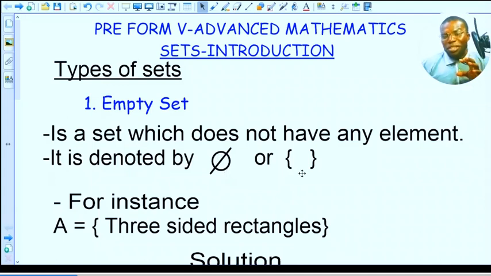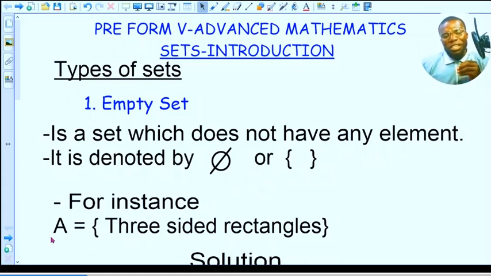But if that set has been deduced from the roster or listing method, it can be represented by curly brackets with no elements. That is all about it.